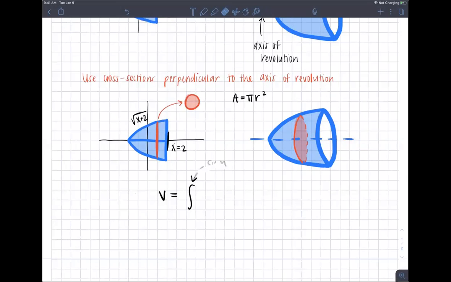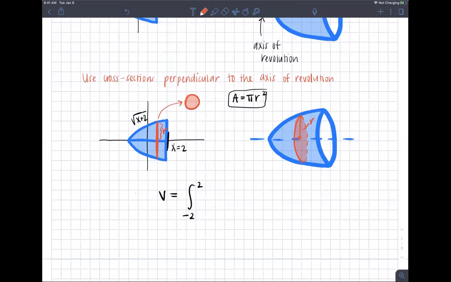When you think about this, what we're going to be doing is taking all of the pieces from -2 to +2, all of the flat circles from -2 to +2, and finding their areas, right? The area of each one of those circles is given by pi r squared. But we're going to need to figure out what r is, right? So there is r, that's the radius.